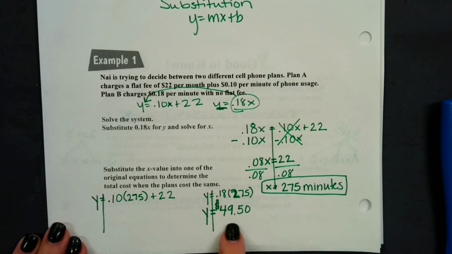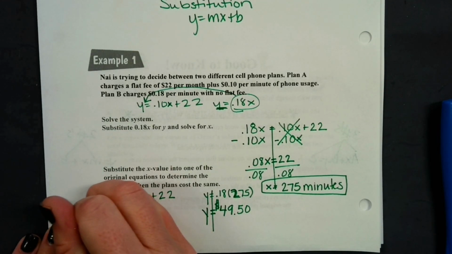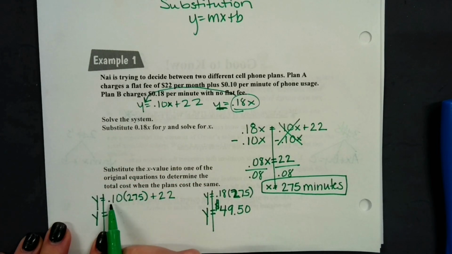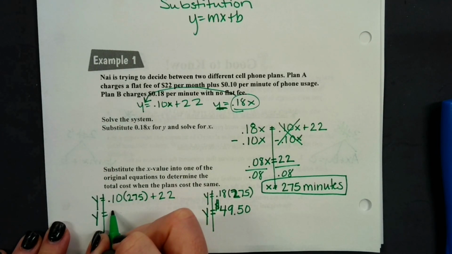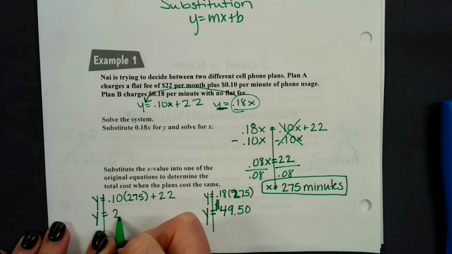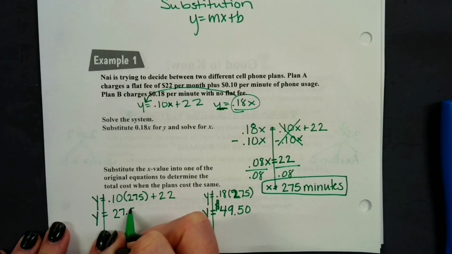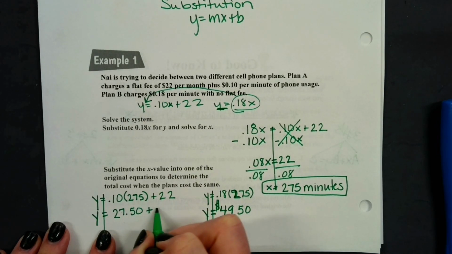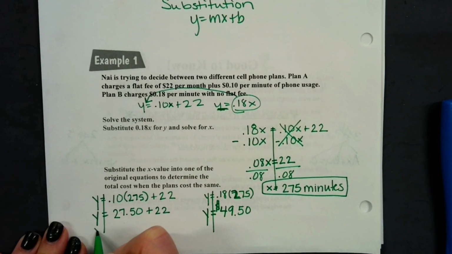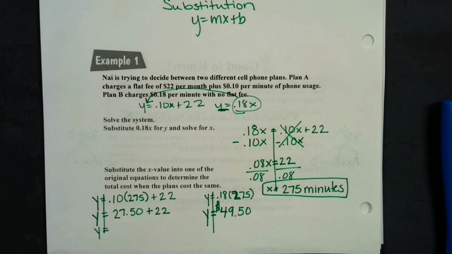This should equal the same as this. Let's find out. Take your 10 cents times 275. And then I want you to add those together and tell me what you get.